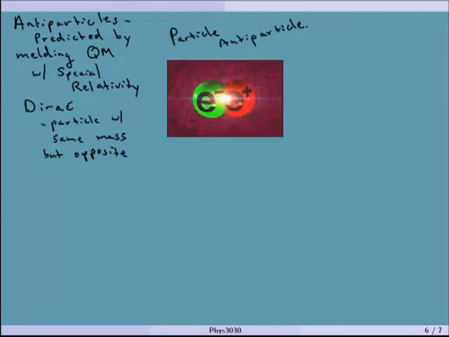So like opposite charge, say opposite electric charge. So the first one that was actually found was something called the positron, which, the symbol is E+, and if you can guess from the symbol, it's an electron. It's the antimatter particle of an electron, and that's what's pictured here.